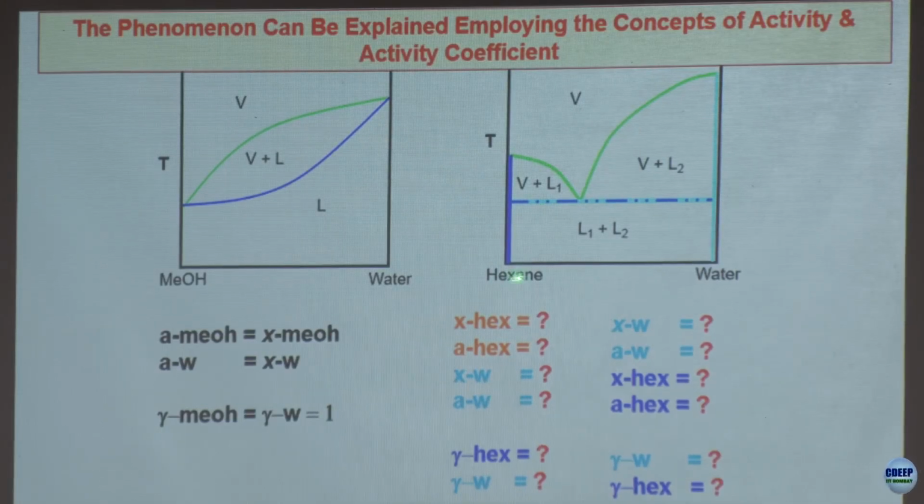Fine. But what happens on this axis and this axis? The mole fraction of water, activity of water, etc. This is something that we need to now write down and then understand how they have undergone a change.